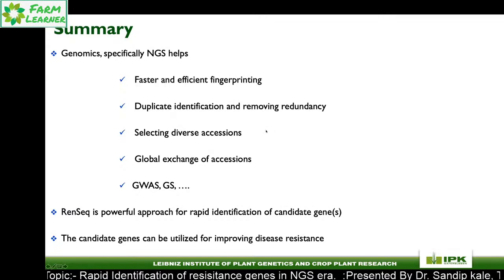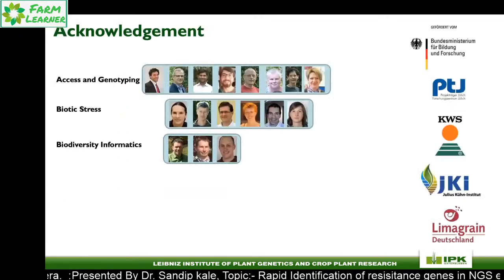Out of these 3,000, we selected 800 diverse samples, and also for genome association studies and genomic selection analysis. I also showed you how resistance gene enrichment sequencing can be used for rapid identification of candidate genes, and these candidate genes can be used for improving the disease resistance of that particular crop.